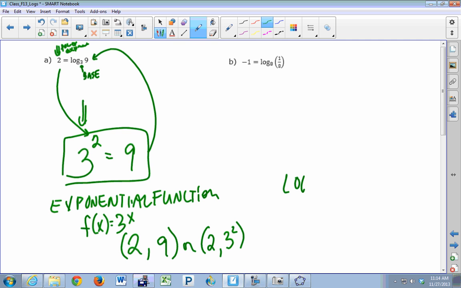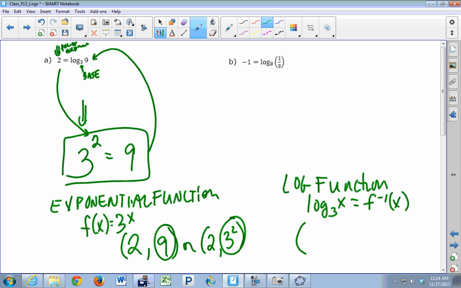Now in your log function, log base 3 of x, that's your inverse function, you put in the output, and what you come back to is your round trip. You come right back to your original exponent. It just identifies the exponent that was on your original exponential function with the same base, base 3. Your output and input swap places.